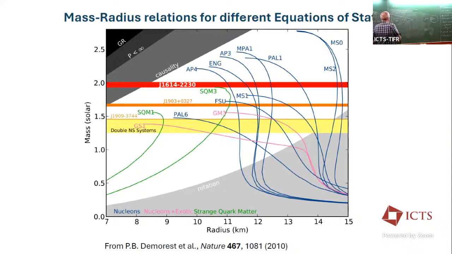So let me just say a few words about each one of these layers. So our outer crust is of order 100 meters thick. And we think that that is mostly made up of a lattice of neutron-rich nuclei.